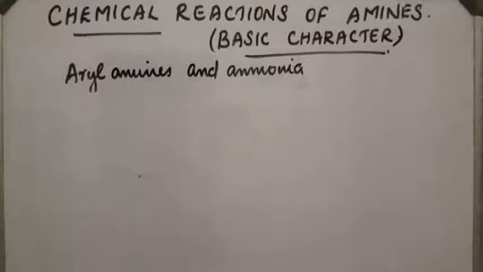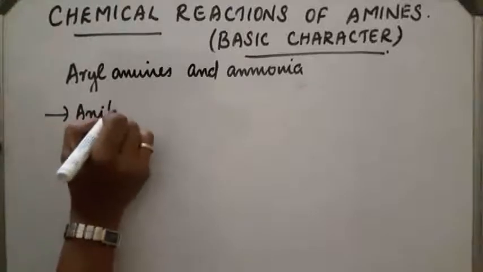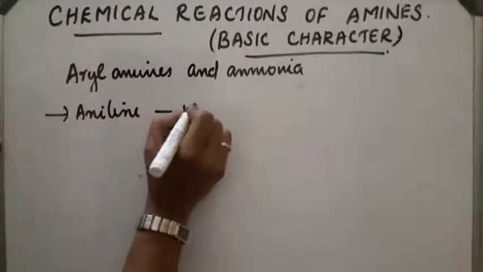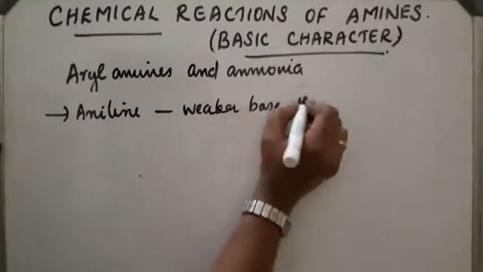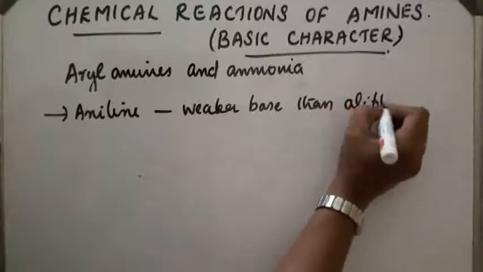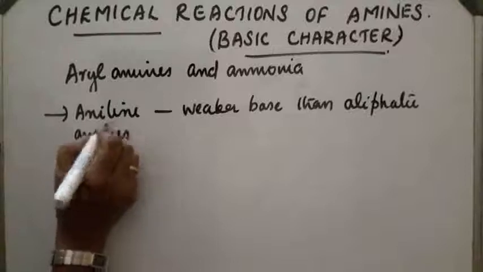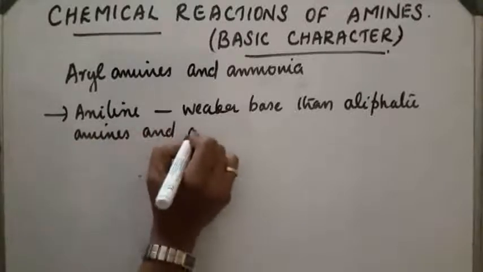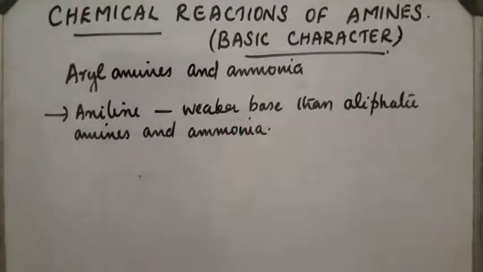Now, let us compare aryl amines and ammonia. Aniline is a weaker base than aliphatic amines and ammonia. This is due to the presence of the electron withdrawing benzene ring.